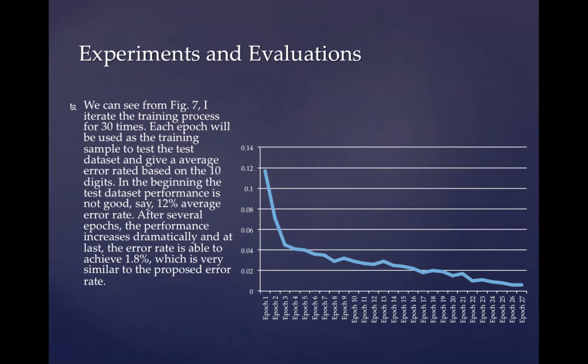At the beginning, the epoch shows a high error rate, and as the iterations increase, the error rate reduces significantly, and after the 30th iteration, it can achieve a very good performance.